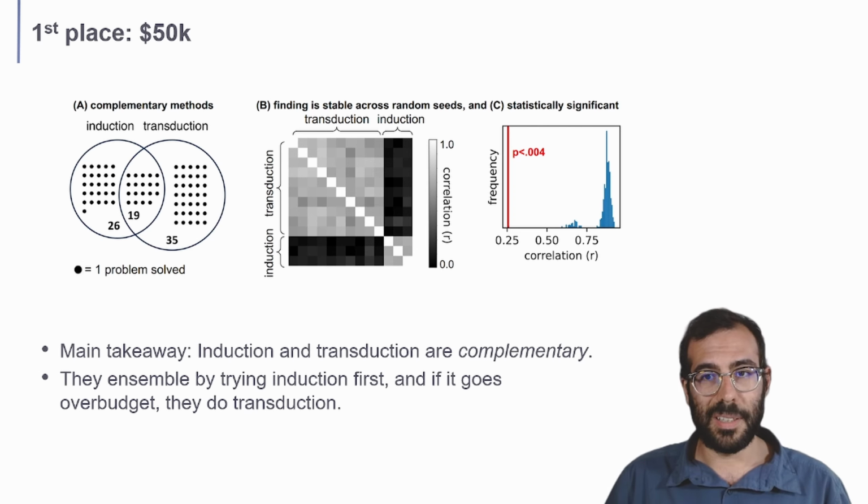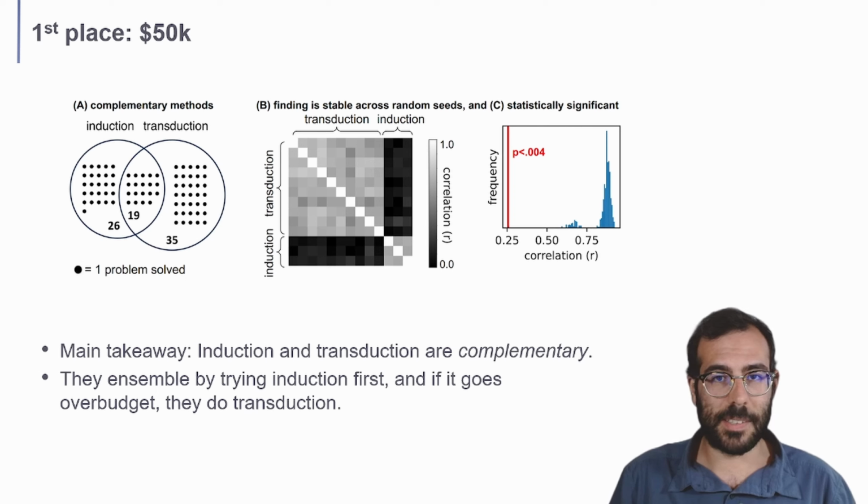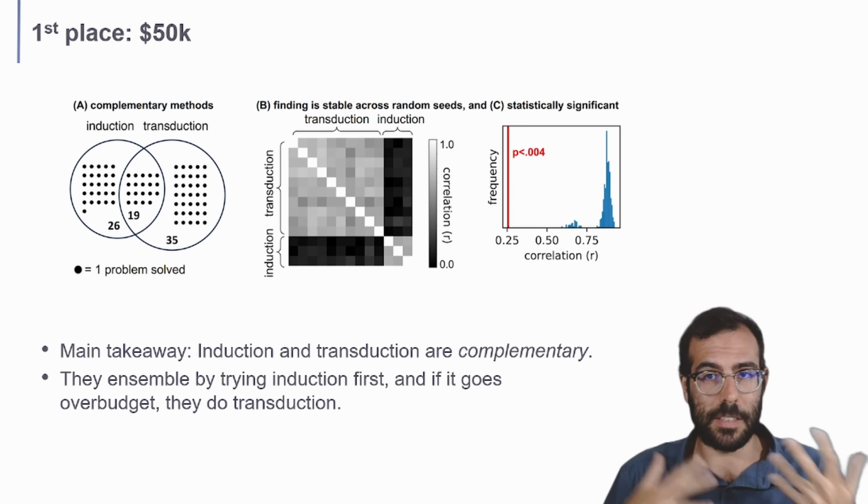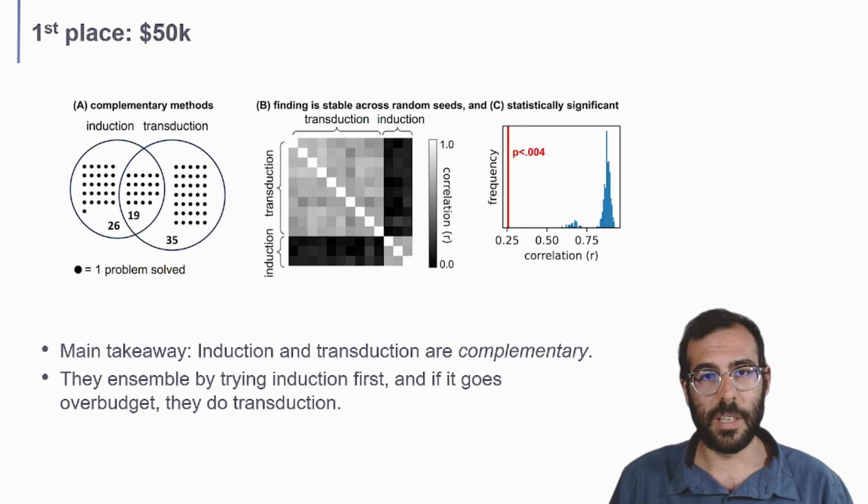You don't know if the implicit program that the neural network is guessing actually fits the examples. But the fact that the inductive model didn't manage to solve it gives an indication that maybe the transductive model can.